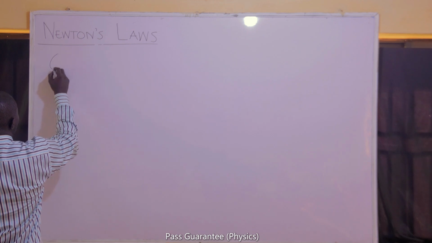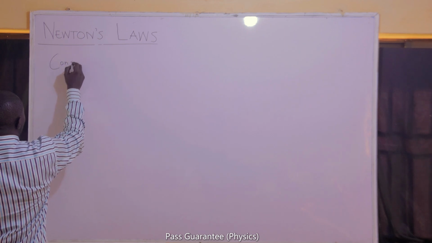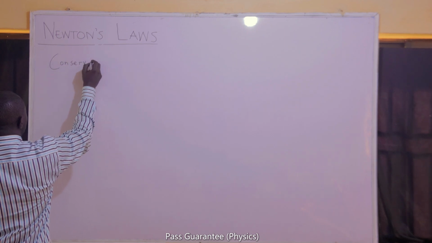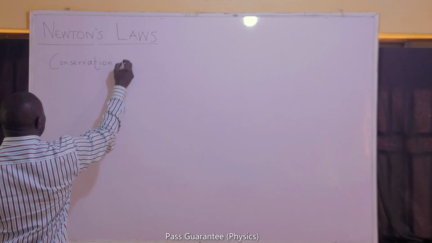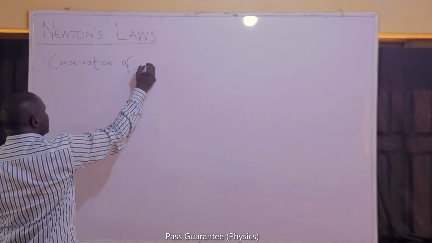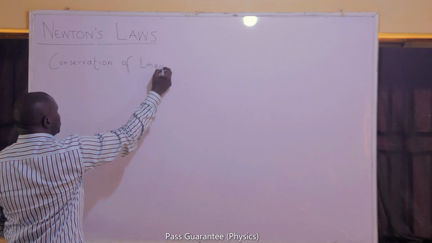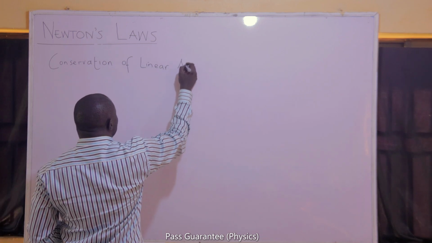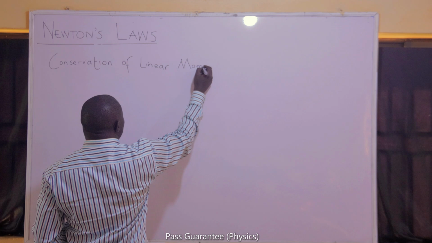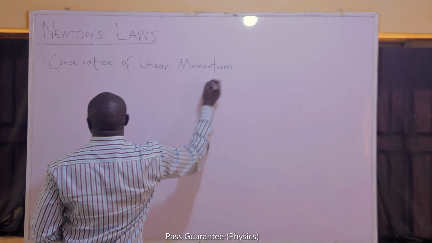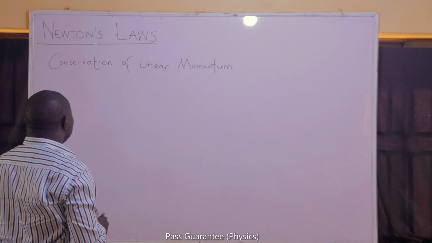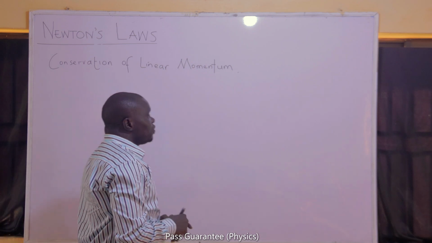First, we are going to look at what happens when two objects collide and impart a force or momentum on each other. To solve those types of problems, we are going to have to state the principle of conservation of linear momentum.